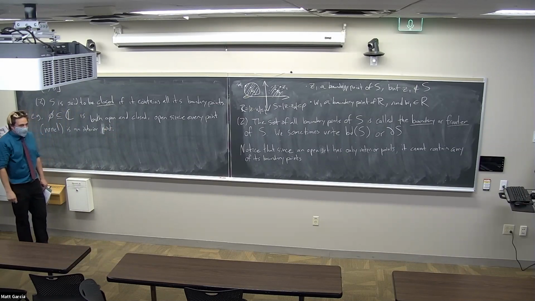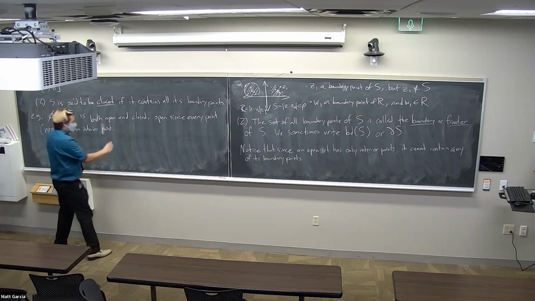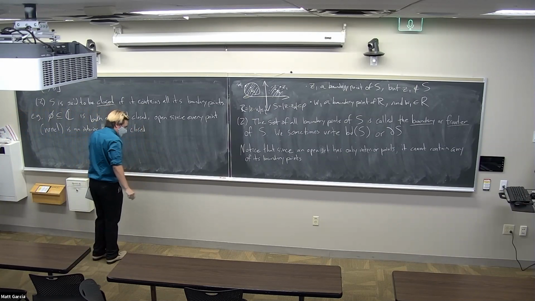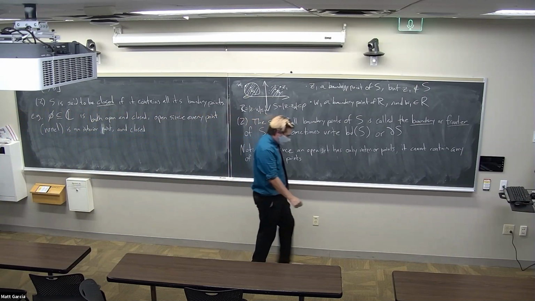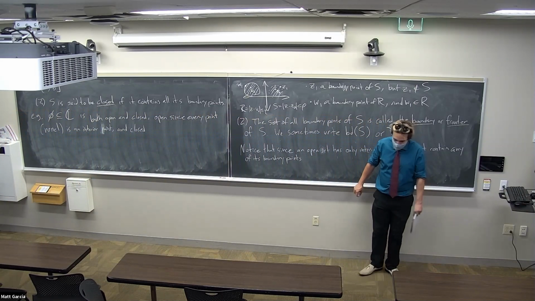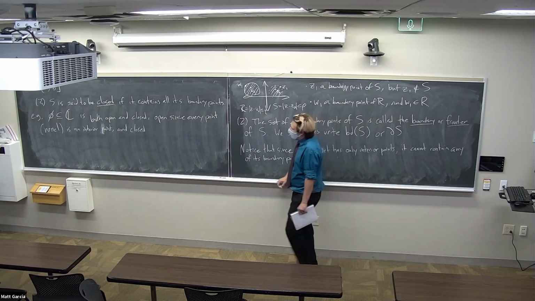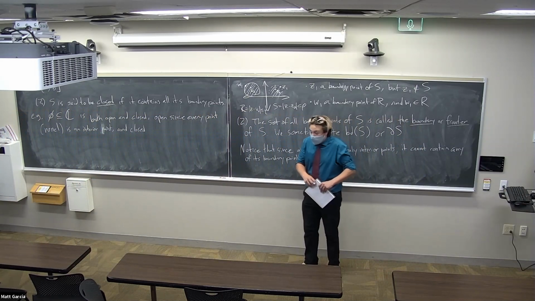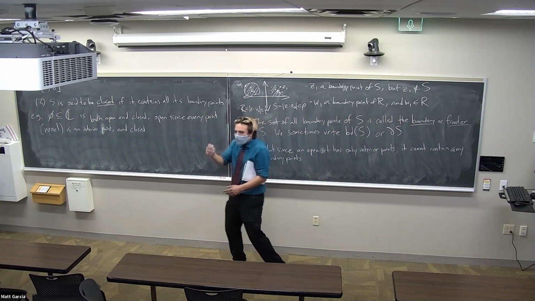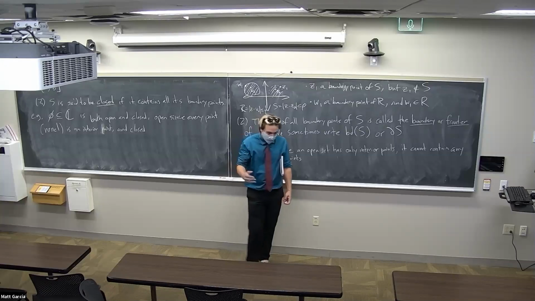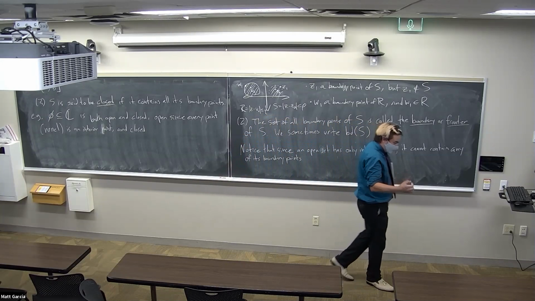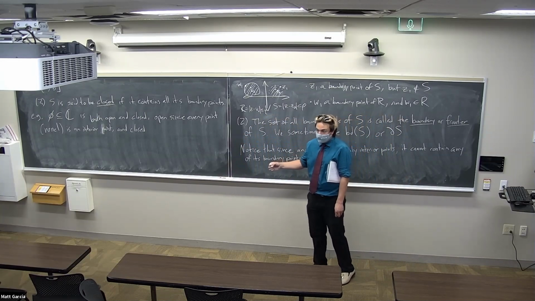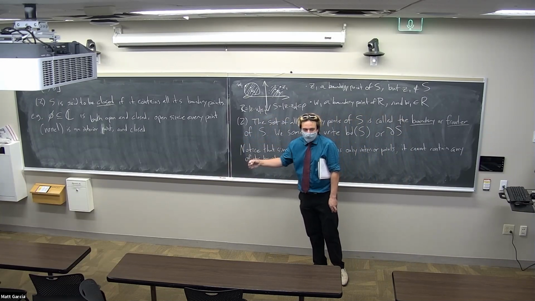Okay. How about closed? Closed, since, what is the boundary point of the empty set? Nothing? So right, there are no boundary points. Because in order to be a boundary point, any neighborhood of that point must contain at least one point that's in our set, and at least one point that is not in our set.